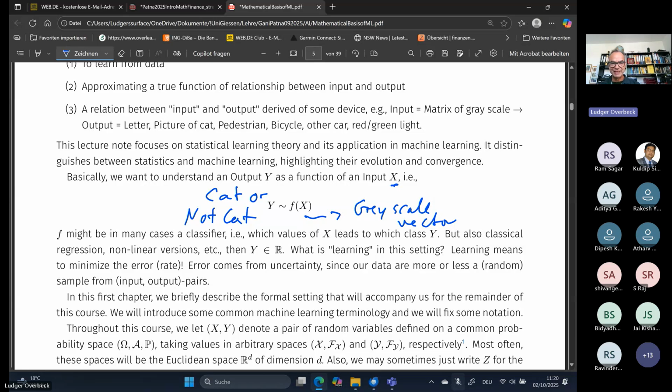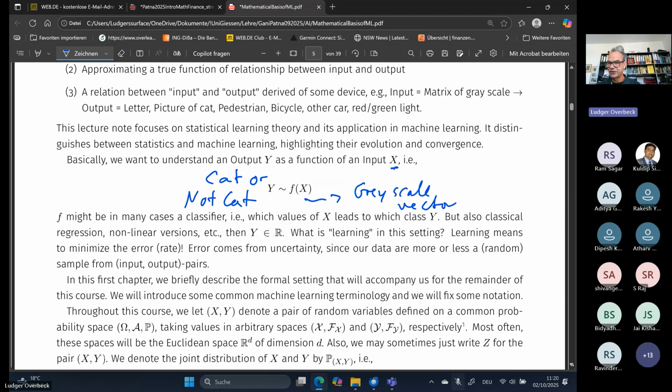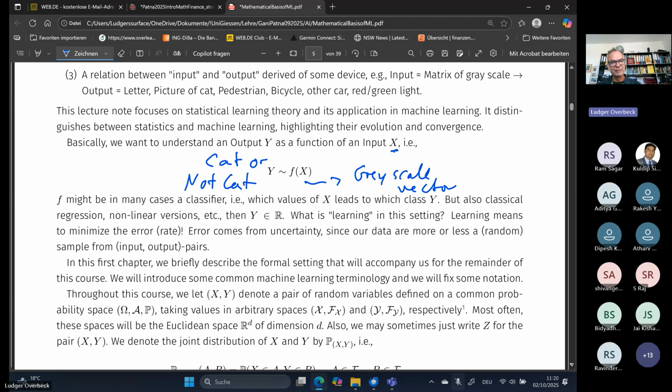So learning in this case means we want to minimize the error rate. And the error rate, I mean, you just can say, okay, it's just probability, but you don't have to believe in probability theory, just misclassification, how often you do it.